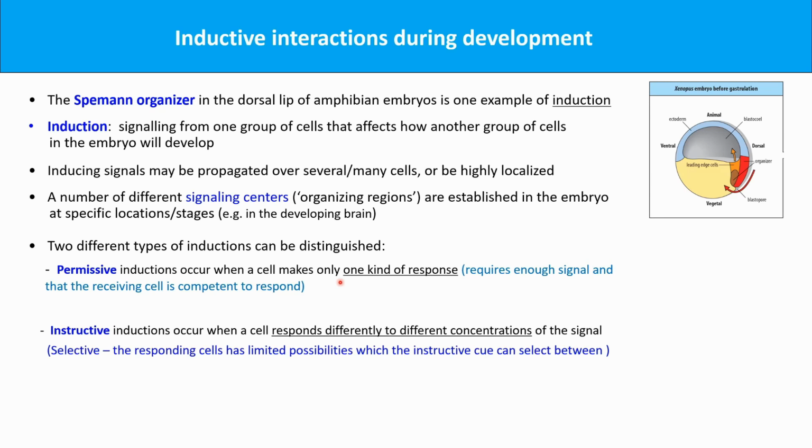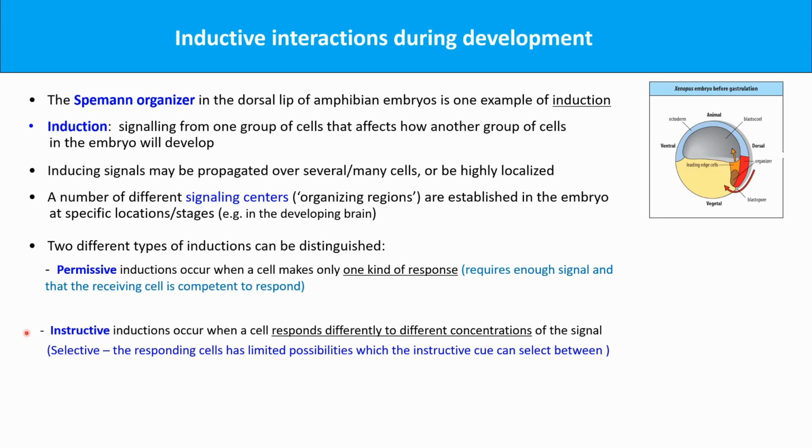So that signal will only give an on or off response from the cell that it's trying to induce to become a certain cell fate. This requires enough signal and that the receiving cell is competent to respond. We'll explain this in a bit more detail as we go on.